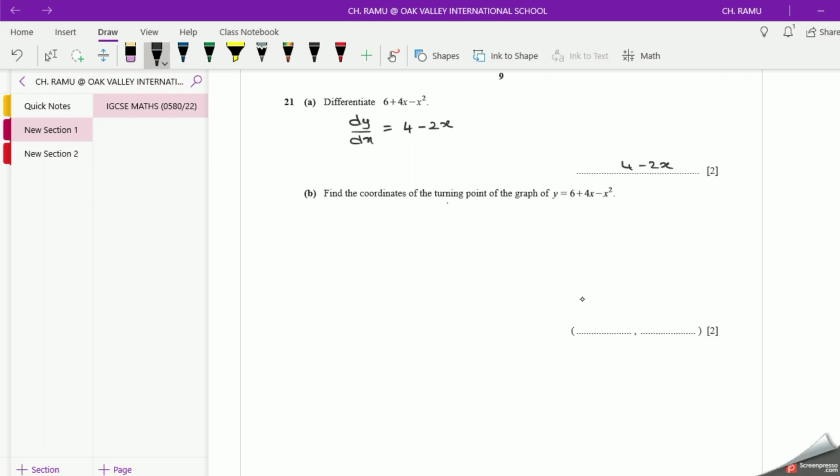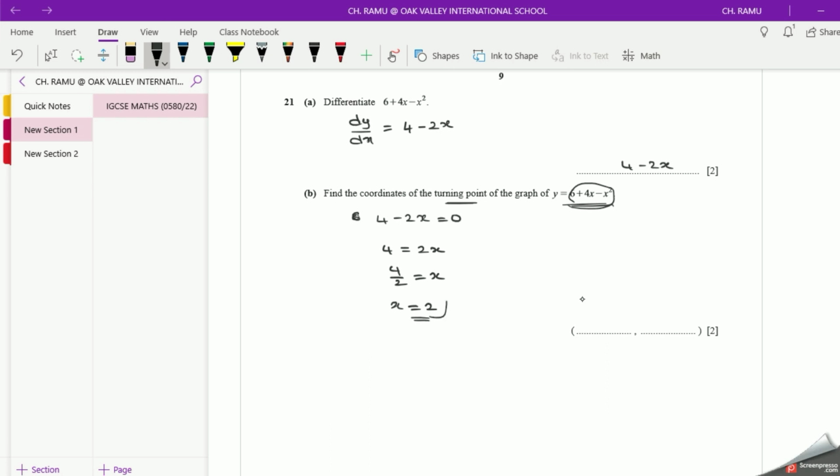Find the coordinates of the turning point of the given graph. To get the turning point, the derivative of the given graph should be equal to 0. So 4 minus 2x should be equal to 0. That is, 4 is equal to 2x, 4 by 2 is equal to x. So x is equal to 2.